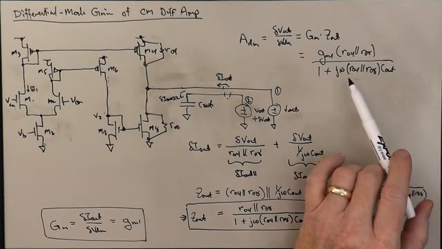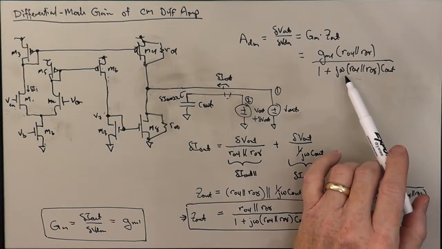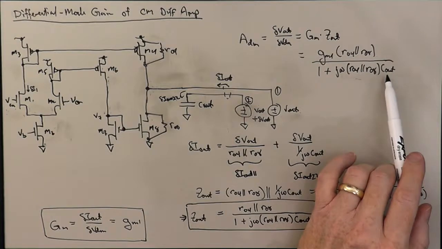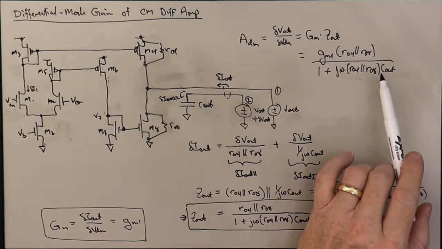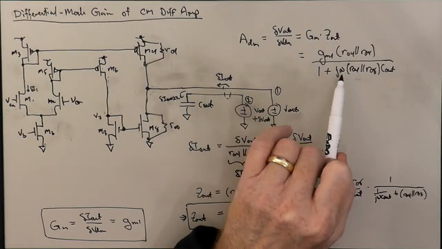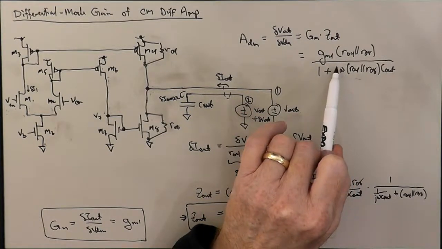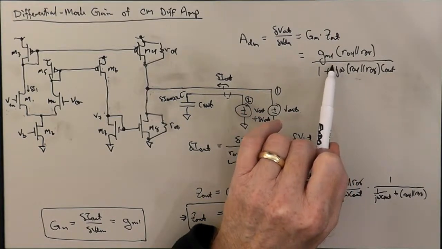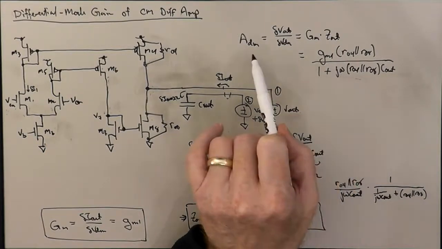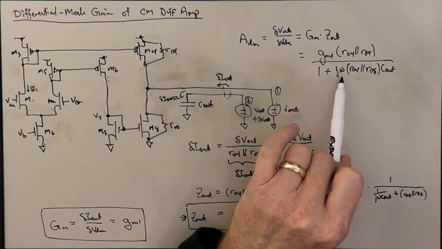But when we get to high frequencies, when omega is, say, much larger than 1 over R04 parallel R08 times C out, then we get an interesting result, which is that we have something that's dropping off inversely with frequency. The gain is dropping inversely with frequency.